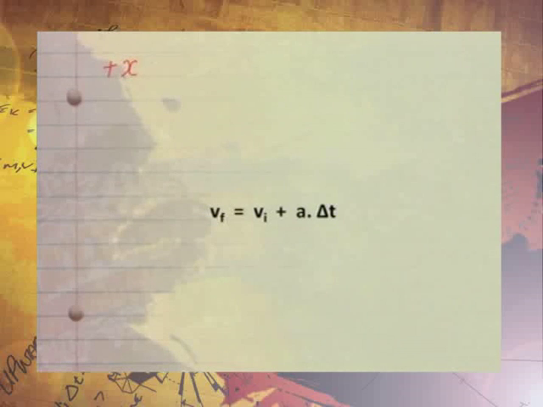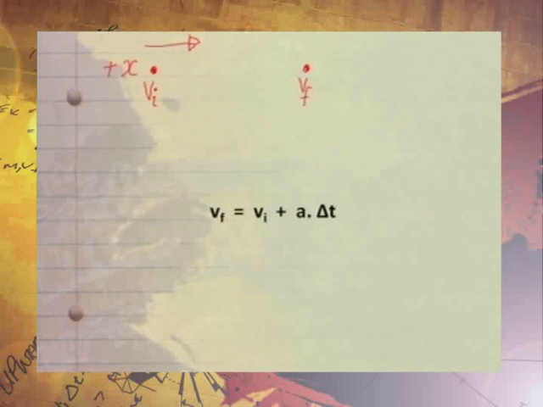Okay? So if we observe it at this point, and say positive x, the direction is that way. If we observe it at that point, it has some velocity there. We're going to call it its initial velocity. It is moving in that direction, and it gets to some point where it has some final velocity.